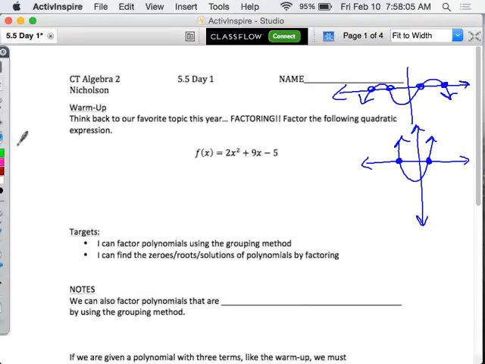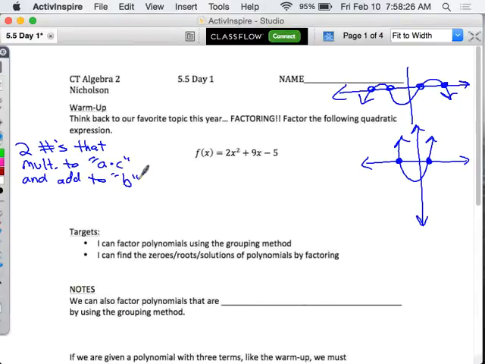We need 2 numbers that multiply to a times c and add to b.